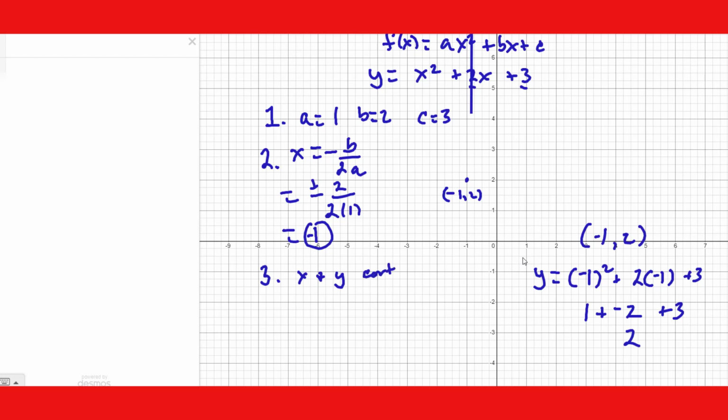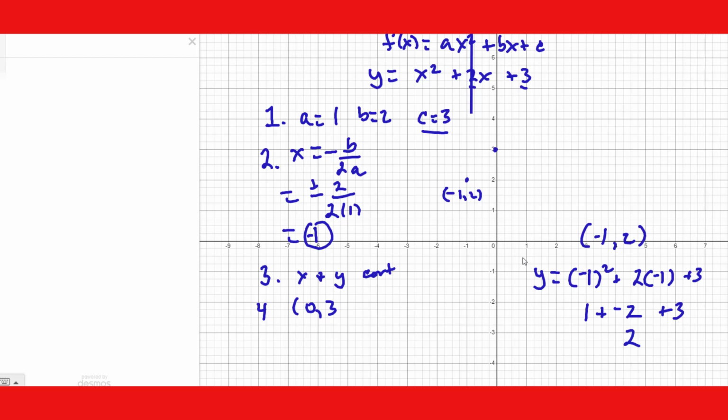All right? And then step number 4 now, since the value of c is equal to 3, the y-intercept is 0, 3, right? So the y-intercept is 0, 3. So I've got a y-intercept right here at 0, 3. All right? And we're going to graph its reflection as well.